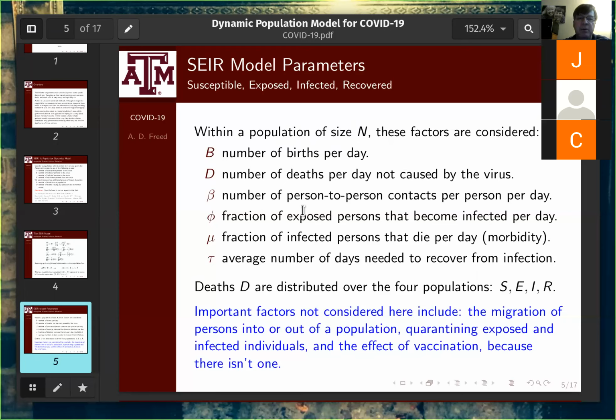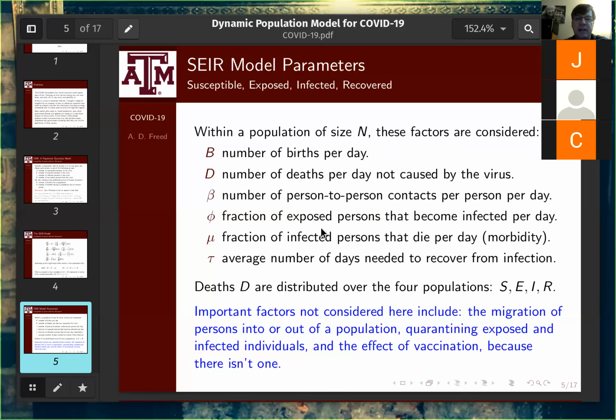Beta is a parameter that is the number of person-to-person contacts per person in the population per day. We're going to talk quite a bit about this because this is the parameter that the president, the governor, and your local mayors are all trying to manage with their ordinances that they're passing or their executive orders and the like.